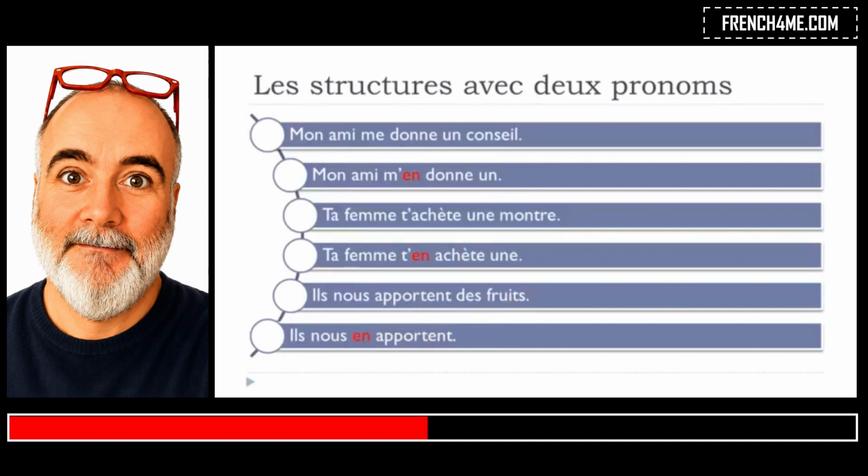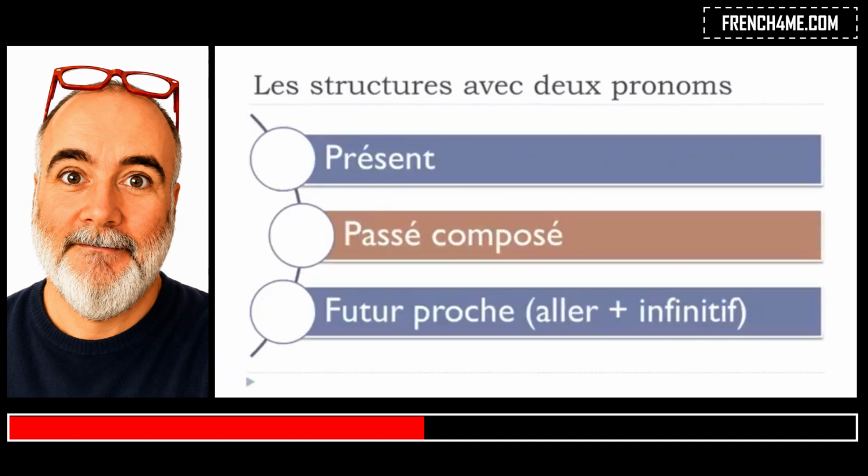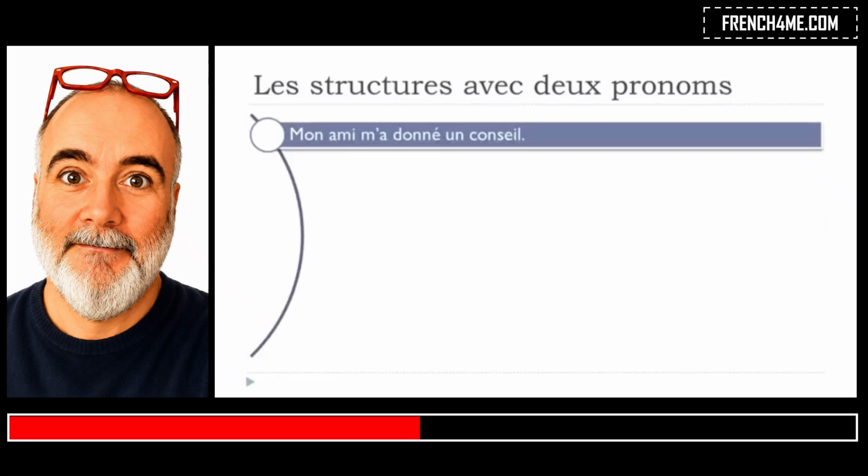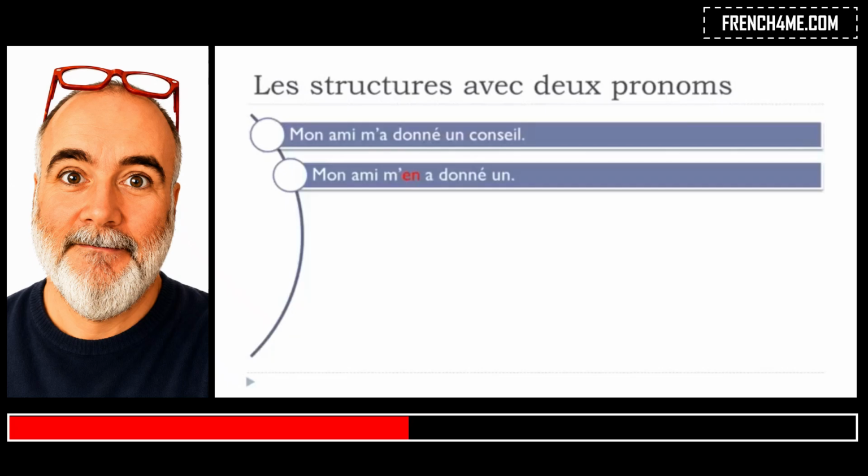Okay, so let's see now with the passé composé. Same sentence. Mon ami m'a donné un conseil. All right. Mon ami m'en a donné un. It will be exactly the same thing, especially if you think that a donné, the thing that you see here, is only one verb.